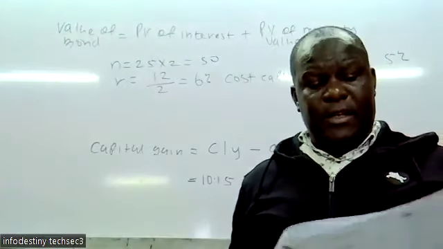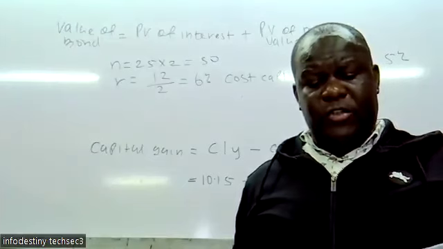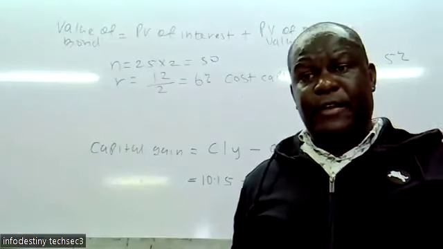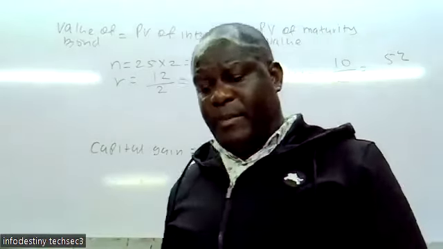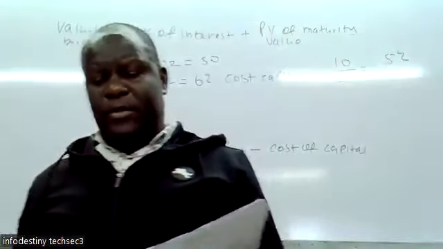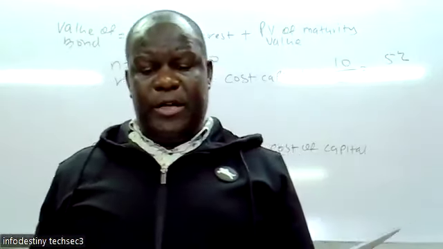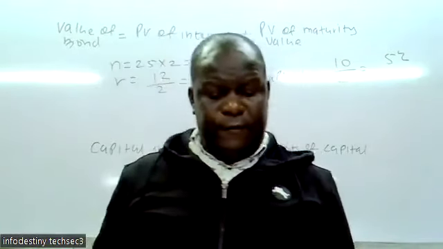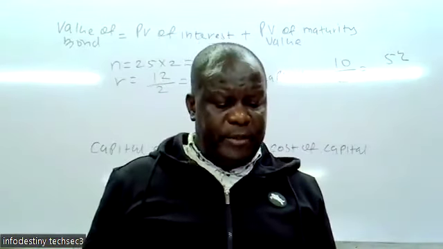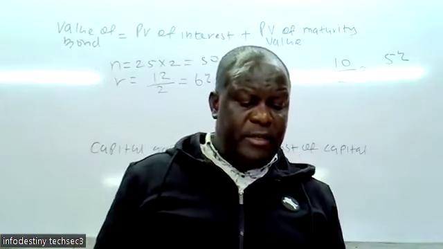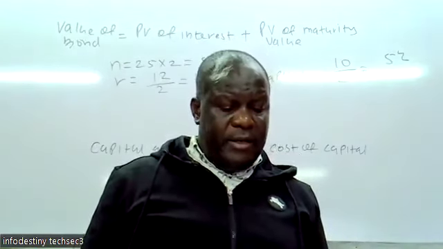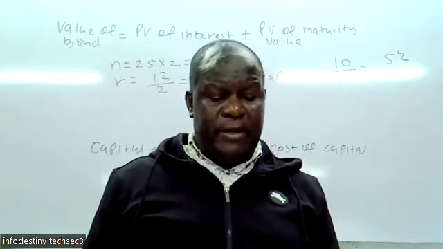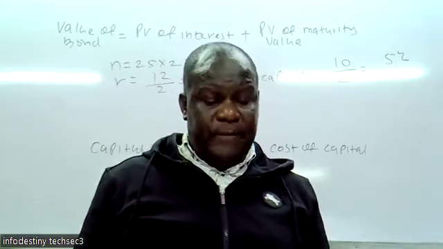Which reads that Kanyoni Limited has issued shillings 10,000 par value, 10-year bond with a coupon rate of 12% per annum. The bond is currently trading at shillings 830, and it is callable at 10,500 after 5 years.